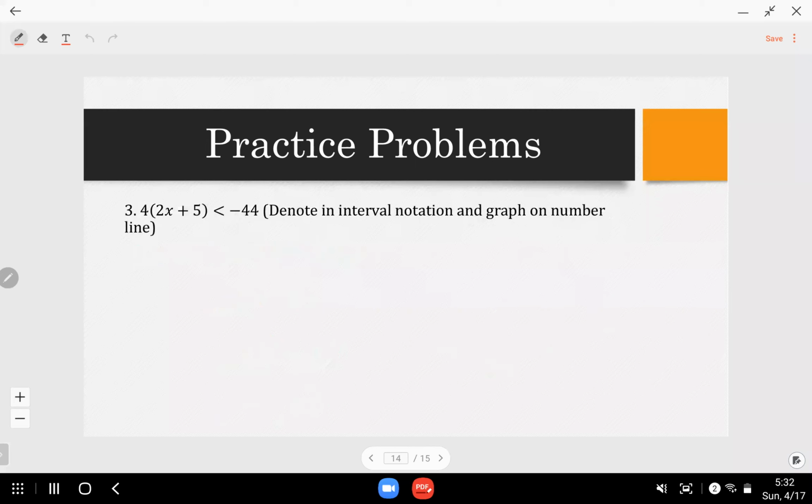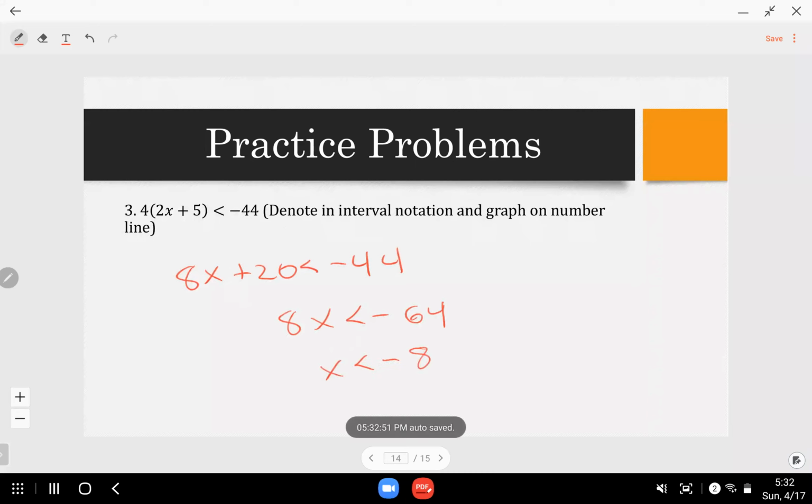Next one, this is the distributive property, pretty easy. Plus 20, less than... All right. Okay, we have our interval notation. x is less than, this time, so negative 8 is actually the bigger number.